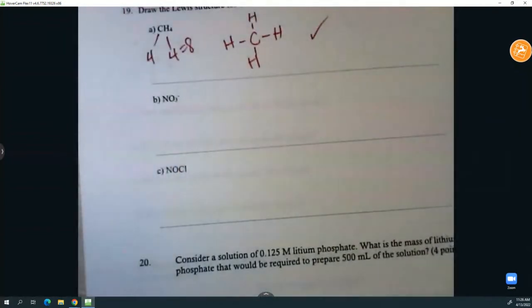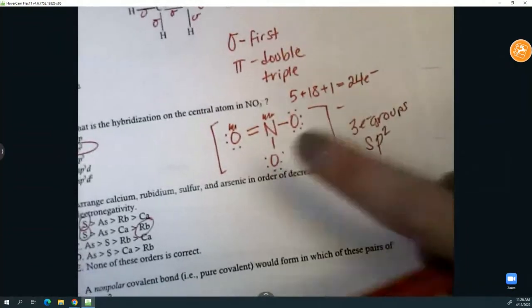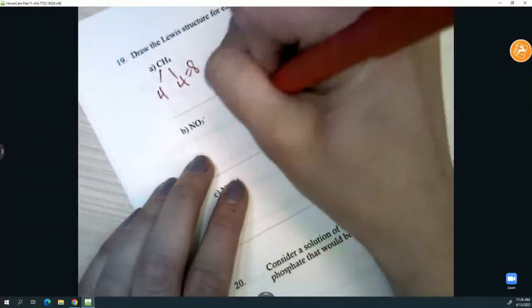NO3, actually, didn't I already do this one? Bam, I already did this one, right? So starting with single bonds, I found out I needed a double bond.